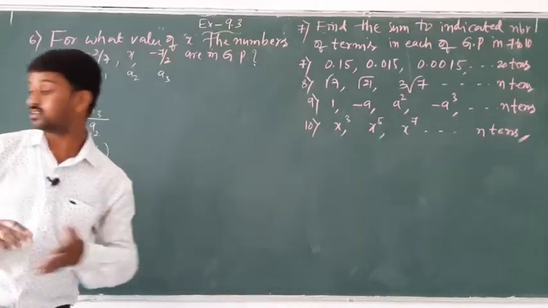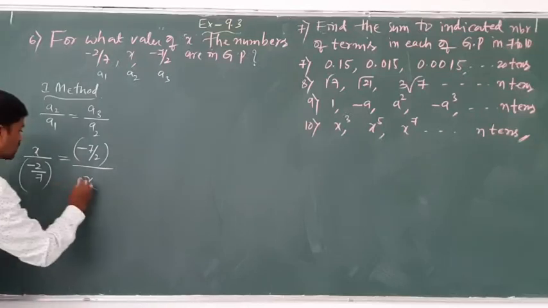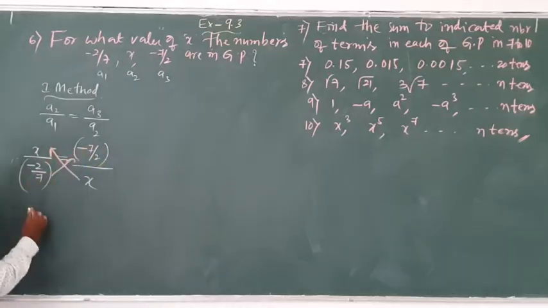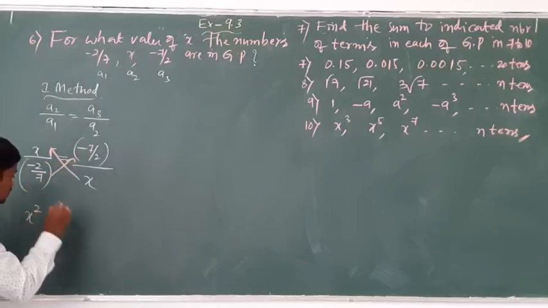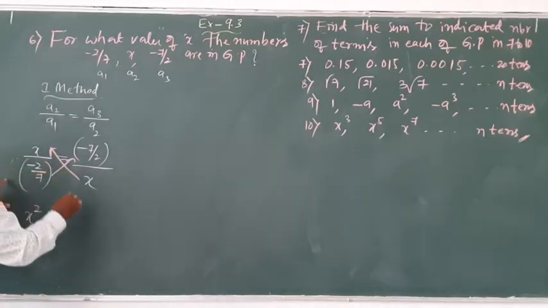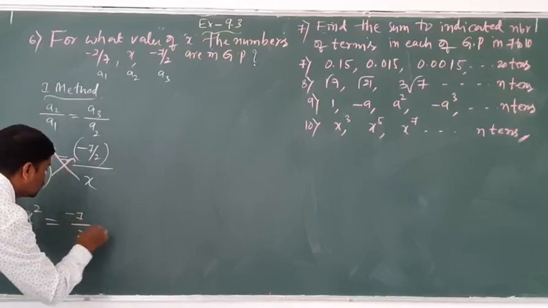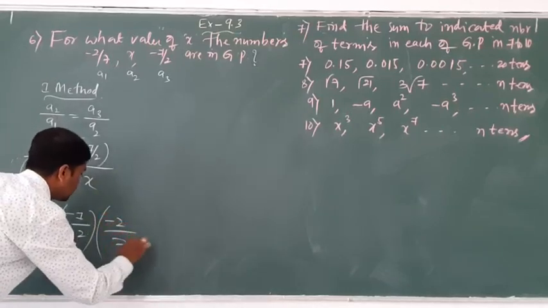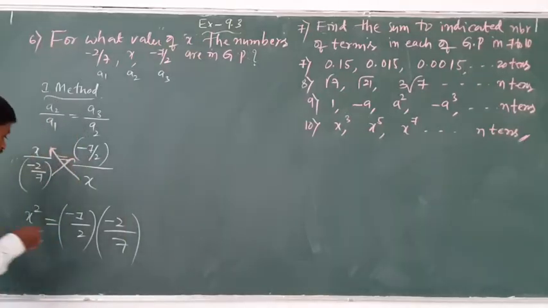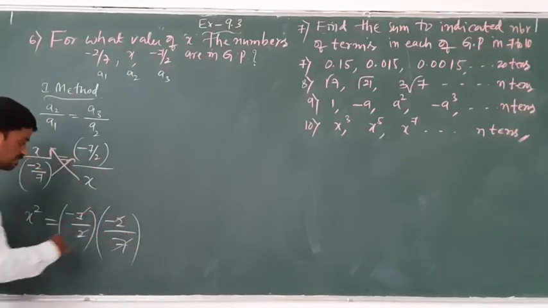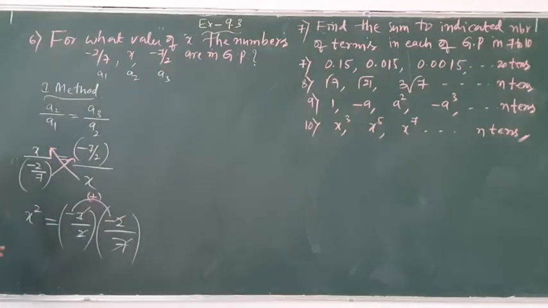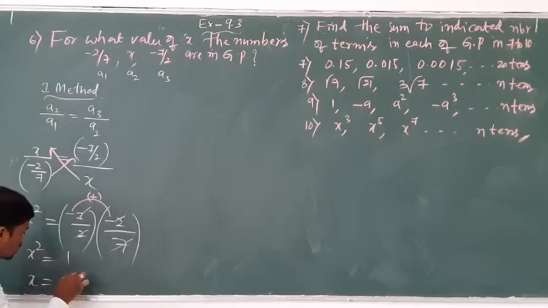Yes, cross multiplication. X into x, how much? X square is equal to minus 7 by 2 into minus 2 divided by 7. Listen carefully. Here 2 gets cancelled, 7 gets cancelled, minus into minus, how much? Plus. Therefore x square is equal to 1. Therefore obviously x is equal to plus or minus 1.